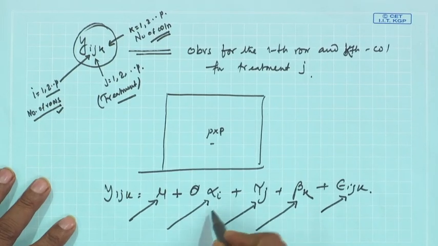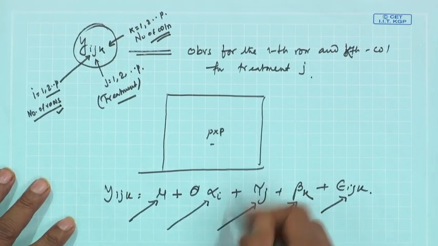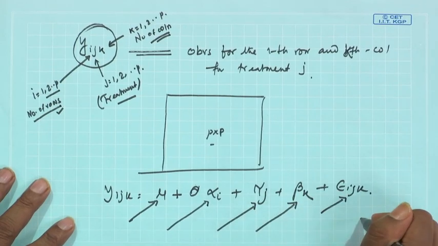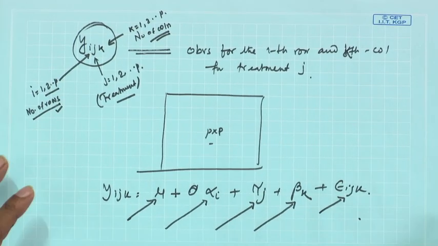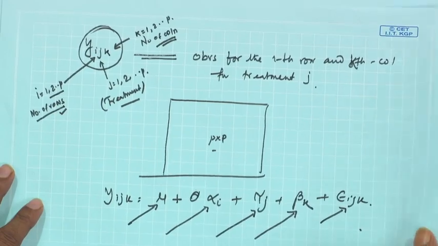That is why 2 blocks, 1 treatment, 1 error. Being orthogonal, there is no interaction effects. Okay. So, now how do you compute the SS, sum of squares?